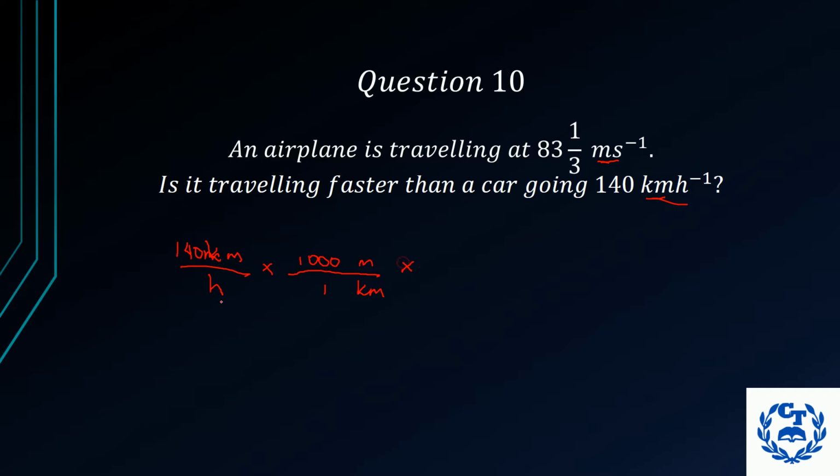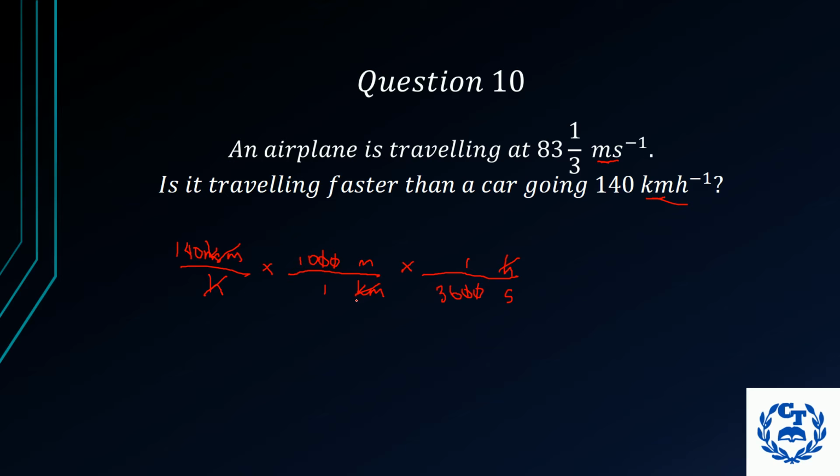Next, I am going to convert hours into seconds. So I'm going to write the hours on the top and the seconds on the underneath. I know that 1 hour is equivalent to 3,600 seconds. I can do simple cancellations, and I can simply use my calculator and find out the value. Notice here also that the hours cancel with the hours and the kilometers cancel with the kilometers.